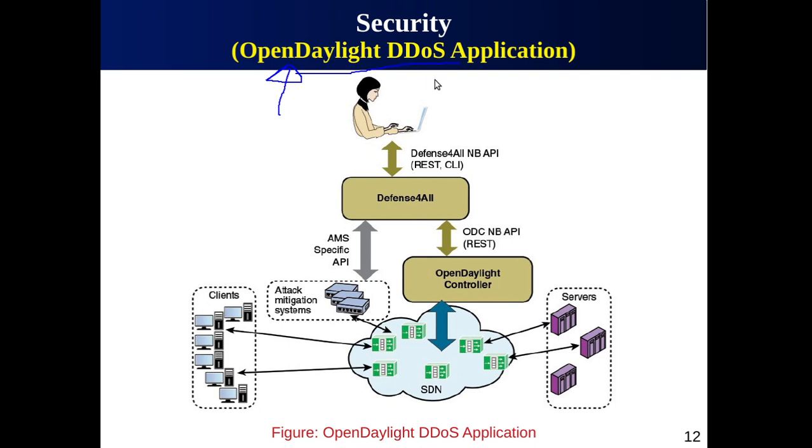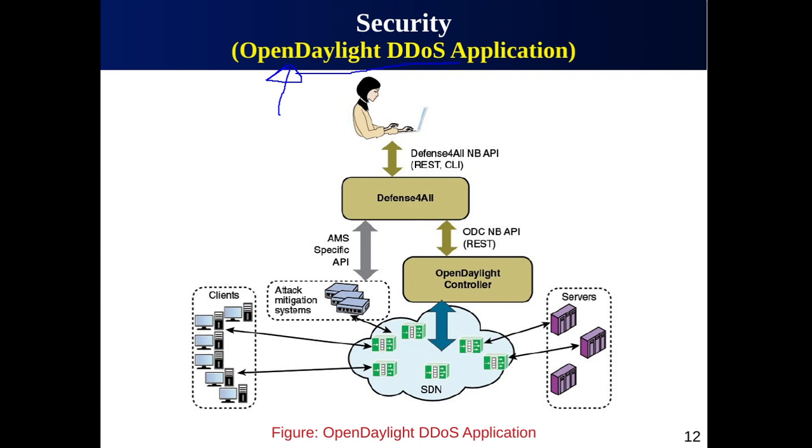This technique uses a common approach to defend against the distributed denial of service attack. How does it deal with this type of attack? It deals with it by collecting information about the traffic, or you can say by collecting statistics of the traffic.